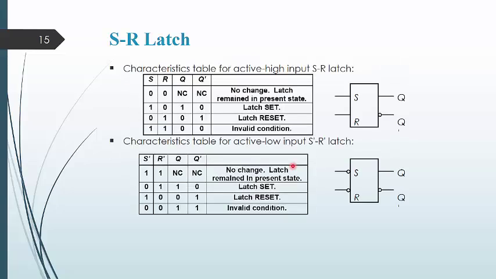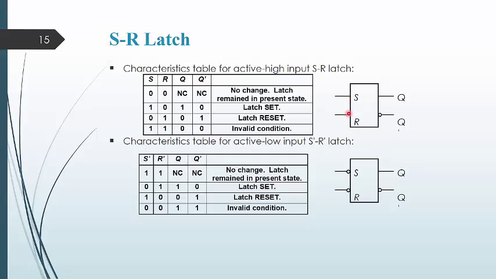So here we are presenting the block diagram representation of the SR latch and the S dash R dash latch. You can identify that on the input side of the SR latch, as they are active high, no bubbles are present.